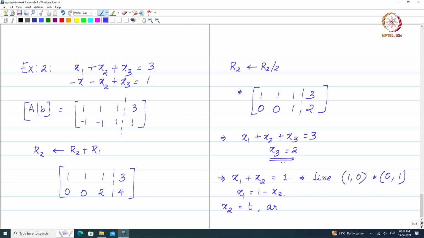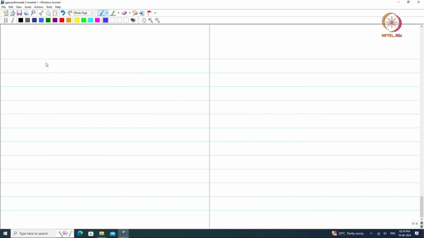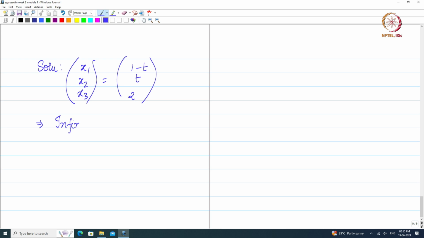So, x1 will be 1 minus t. The solution is x1 is equal to 1 minus t, x2 is t and x3 is 2. For different values of t, we get different values of x1. That means this has infinitely many solutions.